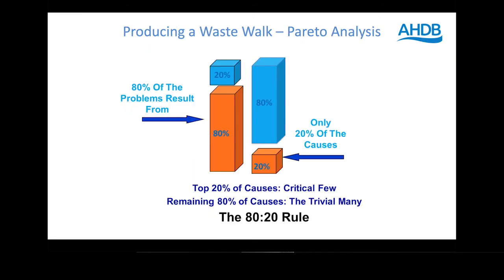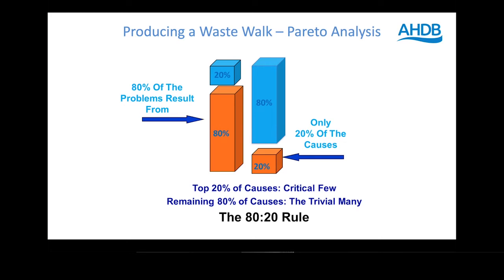The Pareto analysis. Pareto is the name of an Italian mathematician, and he did a very famous piece of work looking at the economics of Italy going back to the late 19th century, and he managed to identify that 80% of the wealth in Italy was held by 20% of the individuals that lived within that country.